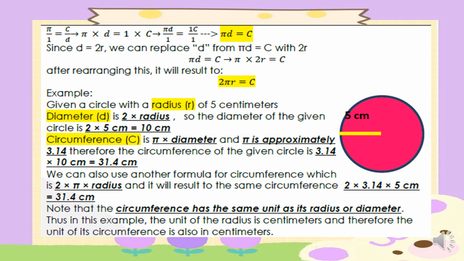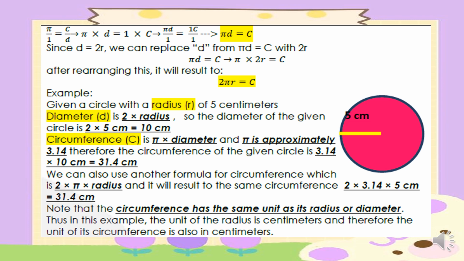So since d is 2 radius, we can replace d in pi d with 2r. So pi d is equal to C, and pi times 2r equals C also. After rearranging this, it will result to 2 pi r equals C.